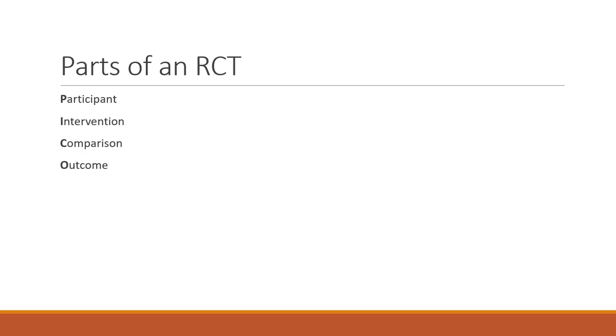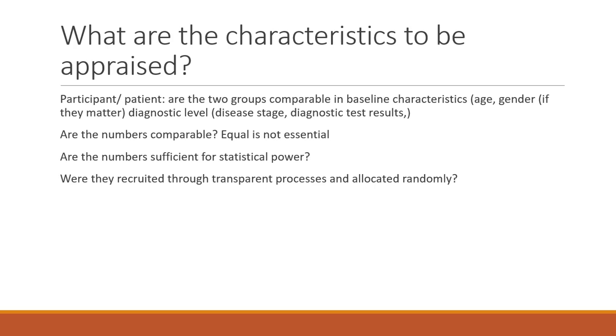Basically, though, parts of an RCT are again PICO: participant, intervention, comparison, and outcome. Participant or patient, you want to look at whether the two groups are comparable in baseline characteristics, including things that may not be actually measurable, like age, gender. Diagnostic level, if they're looking at a particular disease, whether the participants in both groups are equally distributed at different levels, acute, chronic, or stages of the disease, or baseline characteristics of diagnosis.